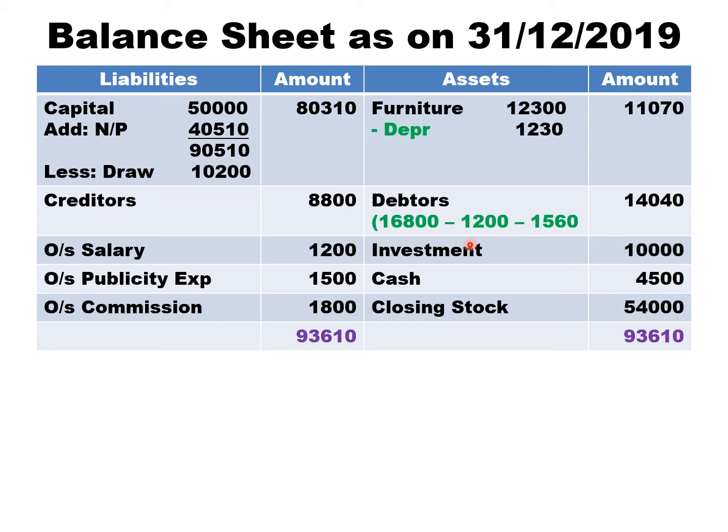In adjustment number 2, we have bad debts 1,200 and new RBD 10%, which we calculated as 1,560. You get 14,040. Then we have investment, that 6% government of India bond. Then cash and closing stock.